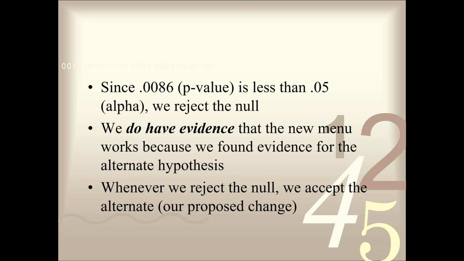Okay, so since the 0.0086 was the p-value, that's less than my alpha, or level of significance, of 0.05. Okay, and we reject the null. So we do have evidence that the new menu works because we found evidence that that 21,000 is statistically significantly greater than the 20,000. And whenever we reject the null, we're basically saying we have enough evidence to accept the alternate hypothesis.